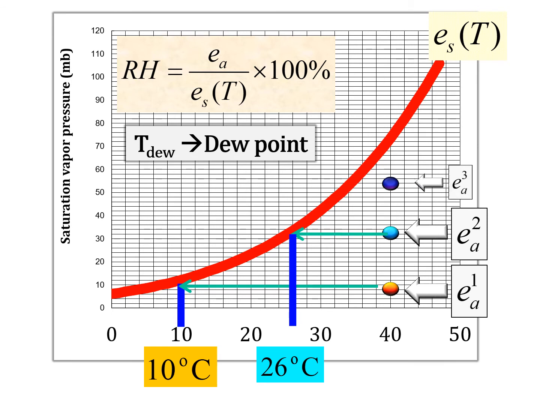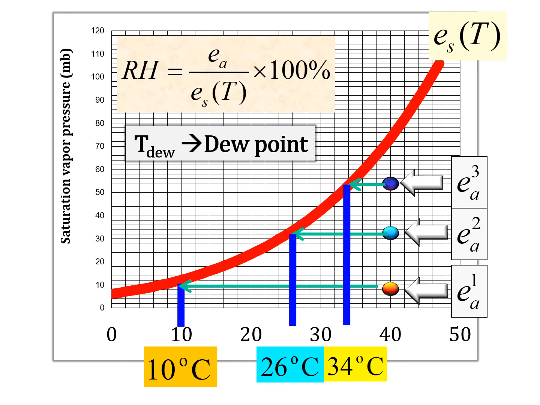What's the dew point temperature? 34 degrees C. From here, we can understand what dew point temperature means. If we add more water molecules to the air, the dew point temperature is higher. If there are fewer water molecules in the air, the dew point temperature is lower.